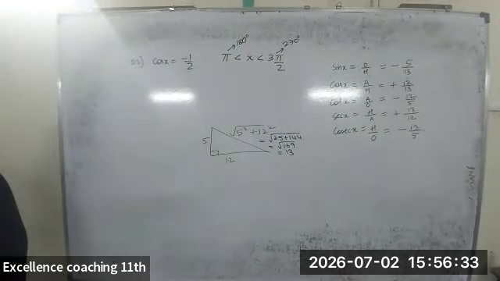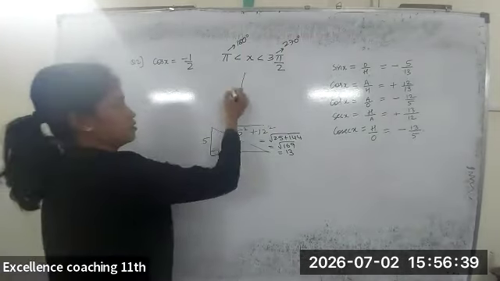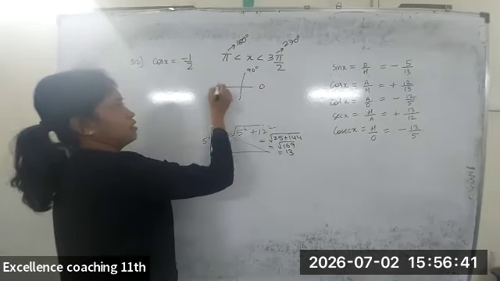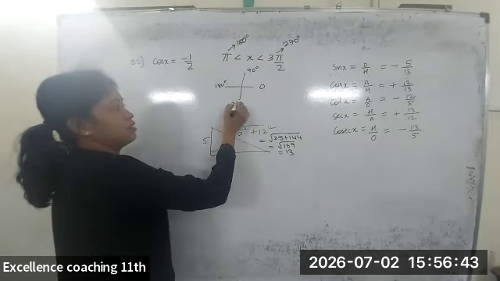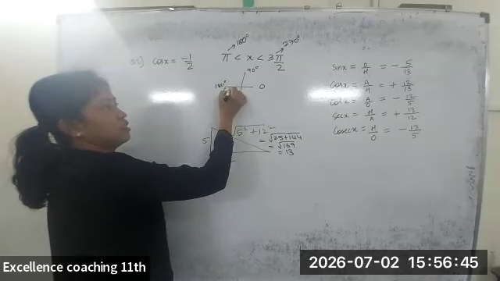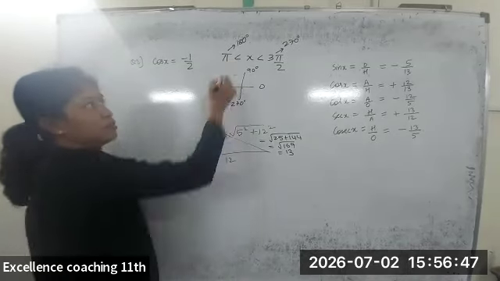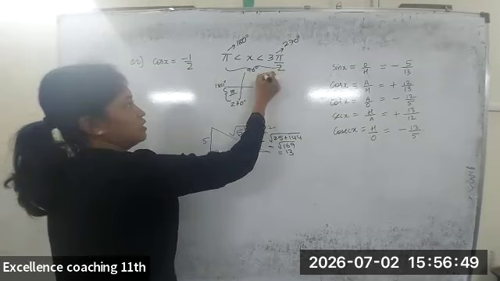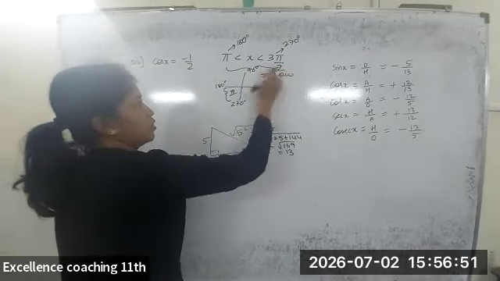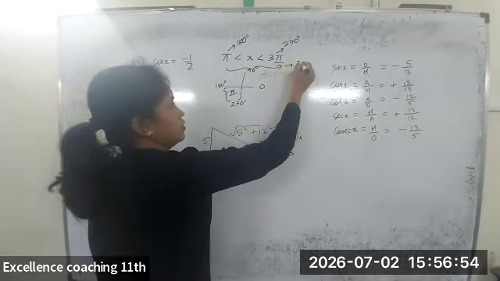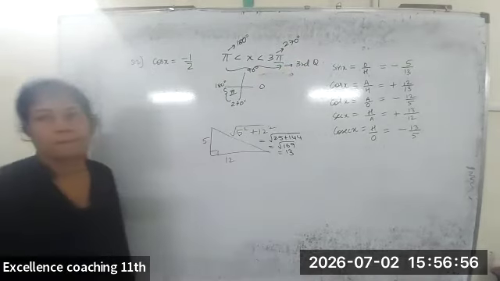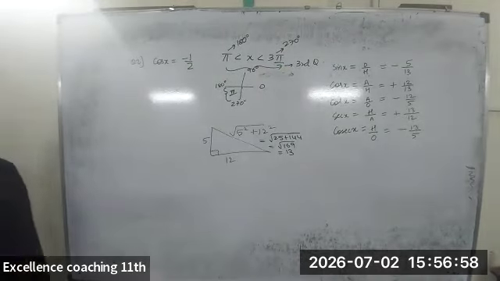Which quadrant lies between 180 and 270? This means it is in the third quadrant. So they have indirectly given it to you.